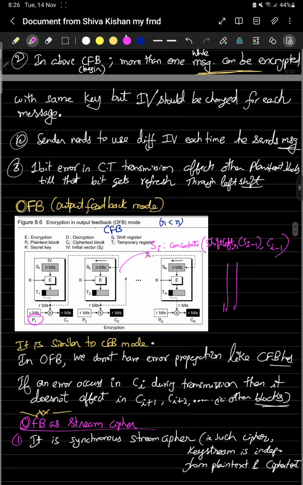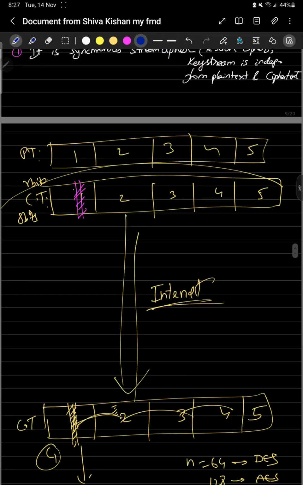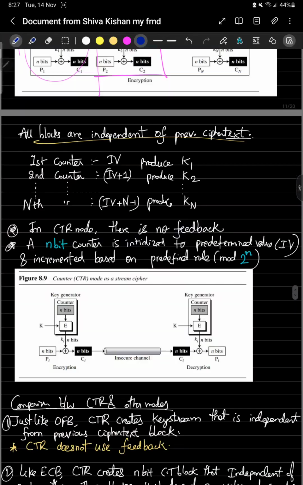Observe carefully: the key stream is K1, K2, K3 and so on. Using the initialization vector and the secret key K, we are generating many streams, K1, K2, K3, K4 and so on.